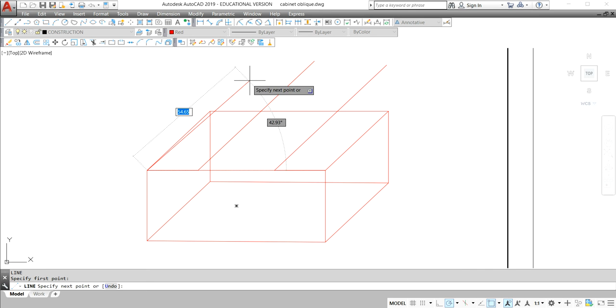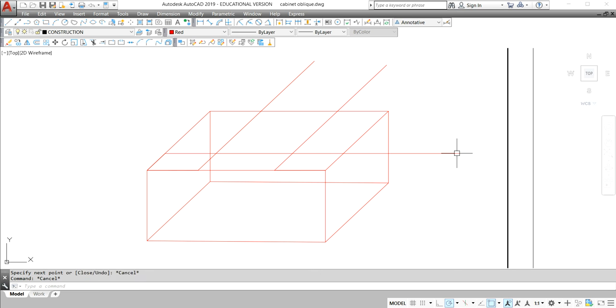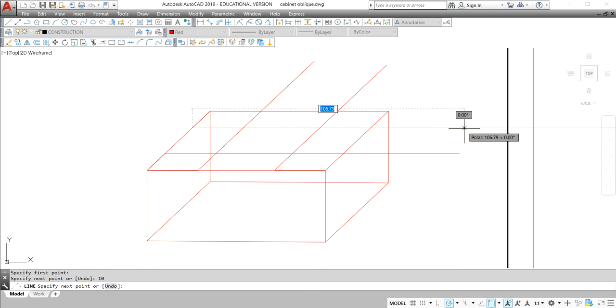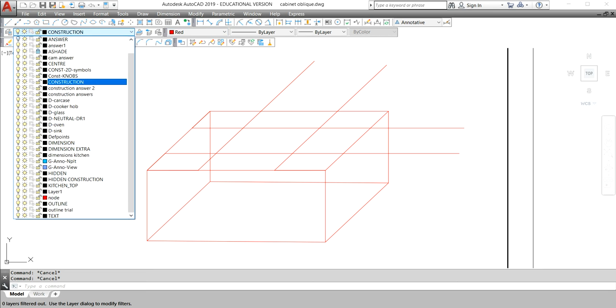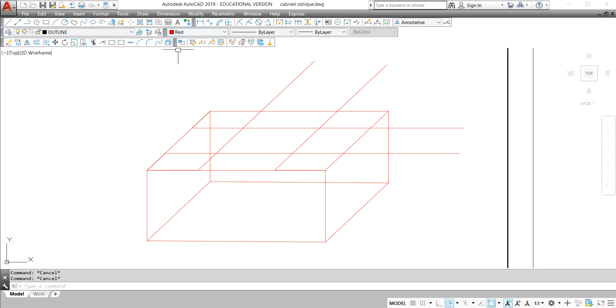So I measure 10 and I draw a horizontal line, 10 from the back, and the horizontal line. Like this I created the top part.